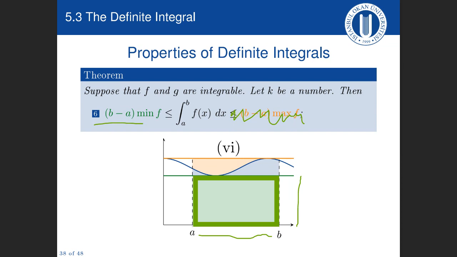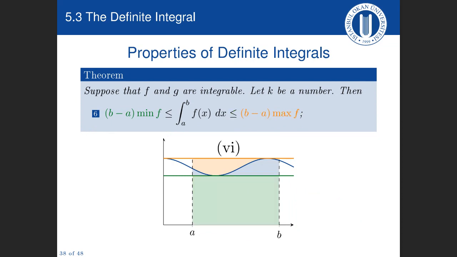Height is equal to the minimum of f. So this thing I have over here on the left, b minus a times the minimum of f, is the area of this green rectangle. And this part of the theorem says the area of the green rectangle is smaller than the area of this blue region.